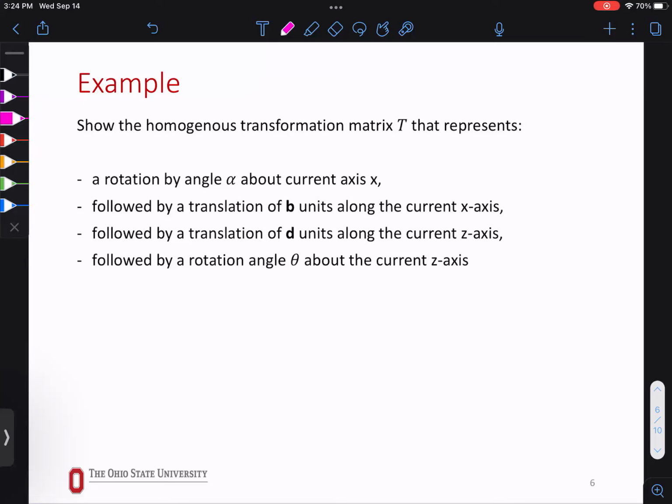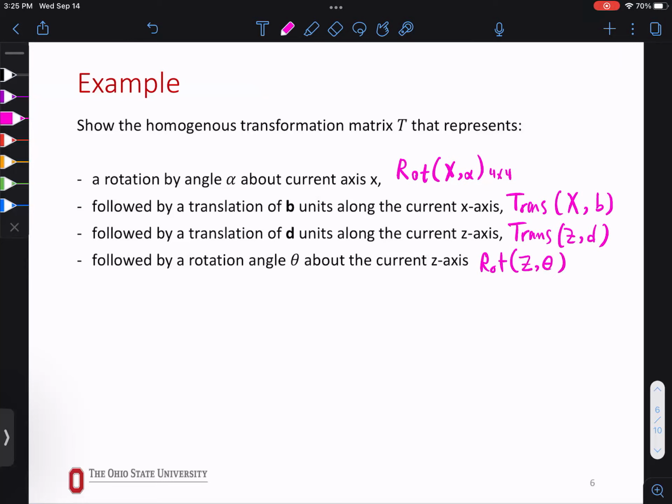So let's write them down. I'm going to use that same notation. This is a rotation about X by alpha. We know this is a 4x4, right? This is a translation along X by B. This is a translation along Z by D. This is a rotation about Z by theta. They're all current axis, so they're all post-multiplied.